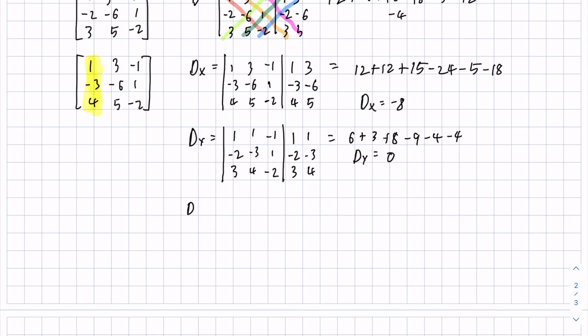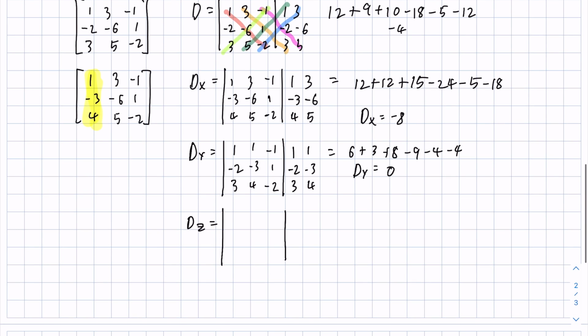Let's do Dz. It's more obvious now, so I switch the z column for the values. I'll still have the x column 1, -2, 3. I'll have the y column 3, -6, 5. Now I just swap out the z column with 1, -3, and 4. 1, 3, -2, -6, 3, 5.